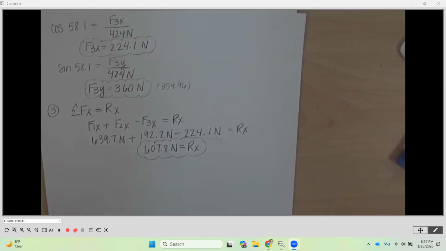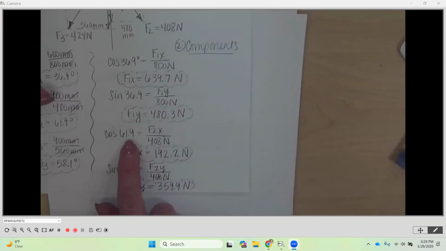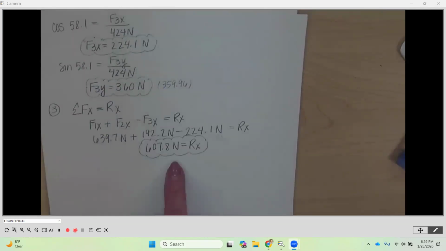Nope, I get 192.2. So if I look back here, this is the cosine of 61.9, and it's 408 newtons. I must have written it down wrong. That's okay. Yeah, 192.2. So do you get 607.8 newtons for your resultant X?